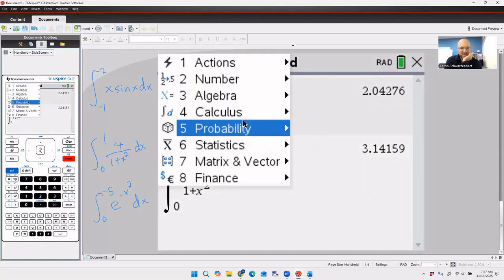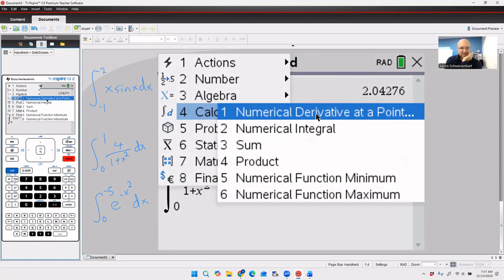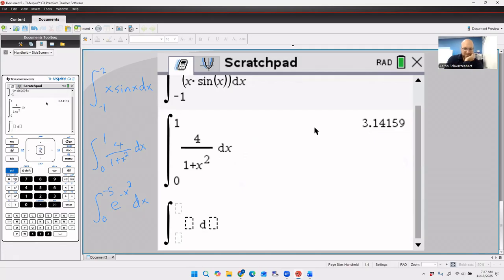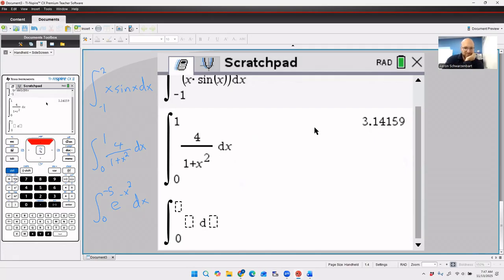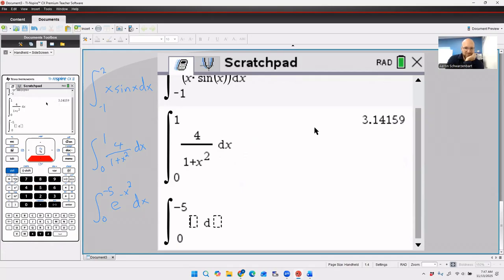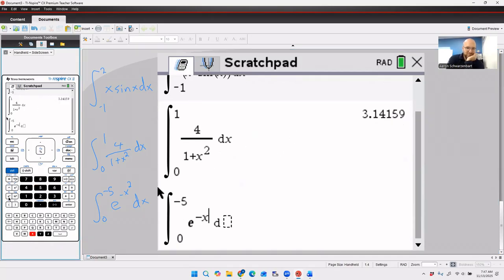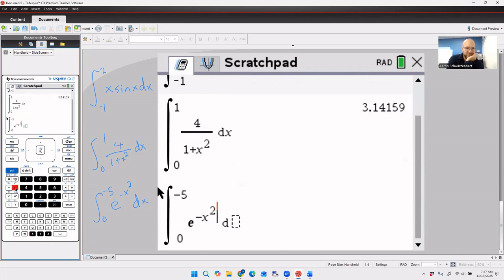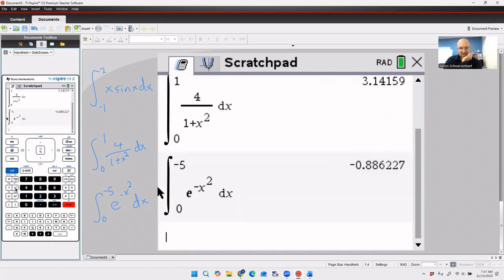No, let's do our last one. Negative 0.886. And there we have that.